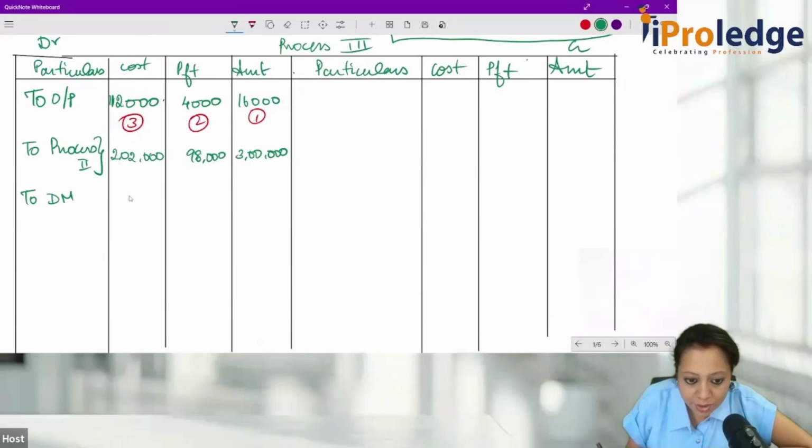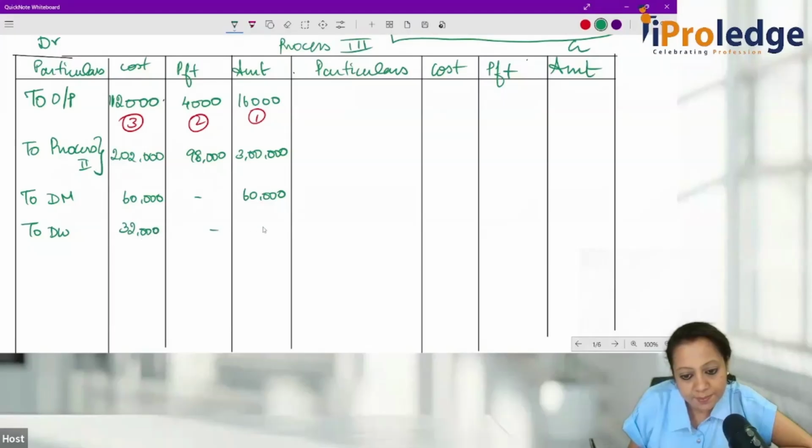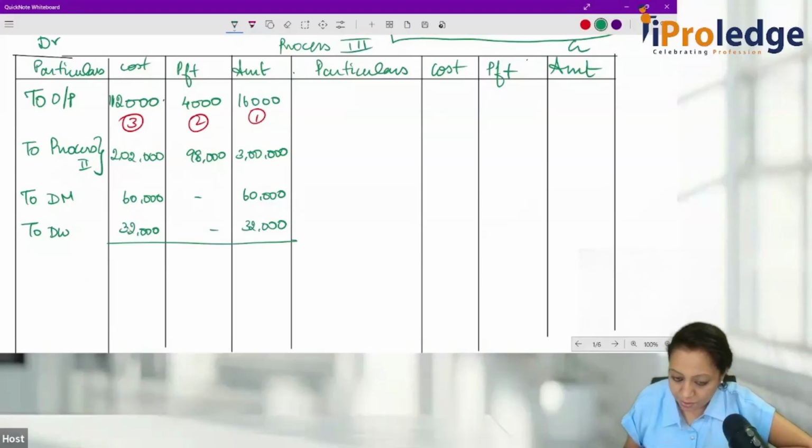Direct material, direct wages is 32,000. Now we will do a subtotal: 12,000 plus 2,02,000 plus 60,000 plus 32,000. Are we getting 3 lakh 6,000? Wonderful.